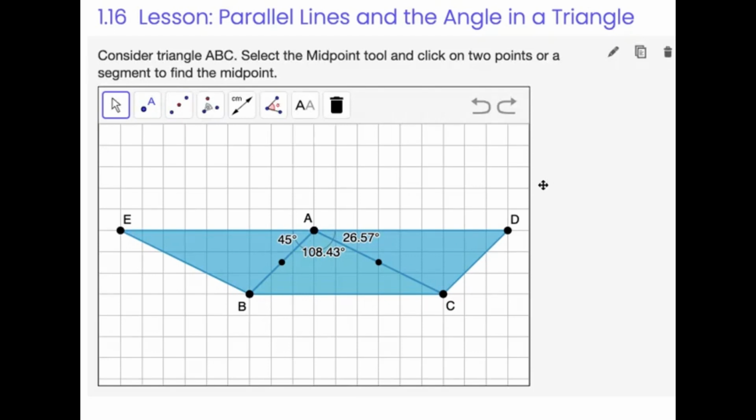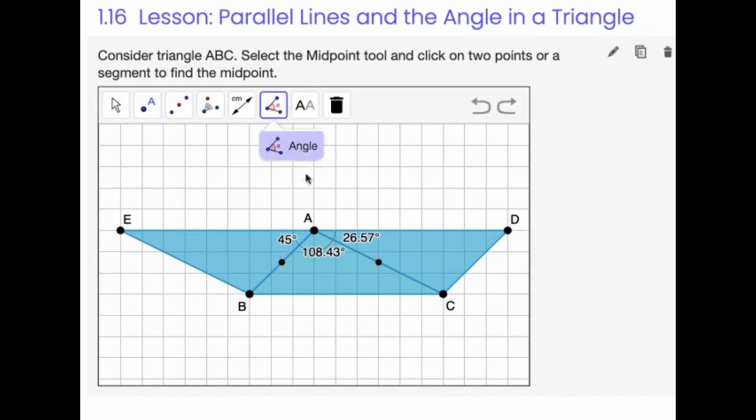The next part of the question is asking, is the measure of EAB, so the angle that's 45 degrees, equal to any measure in triangle ABC? Well, it is equal to angle ABC because we know that when our figure was rotated 180 degrees, that was the angle that is corresponding to angle EAB.